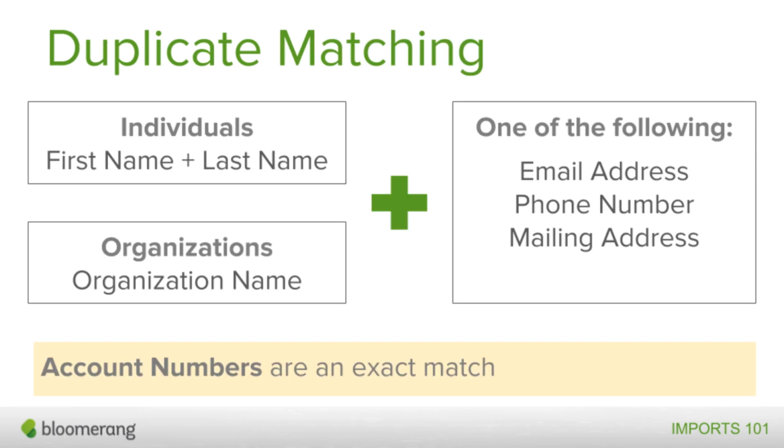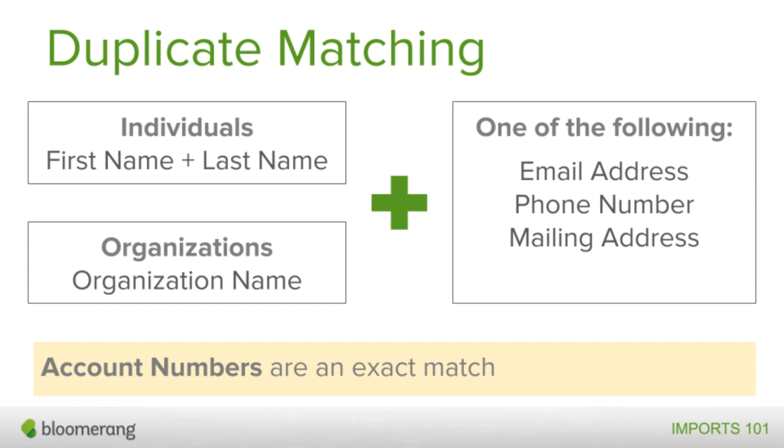Another thing I wanted to note in terms of imports is how we take a look at duplicate matching. I mentioned earlier that in today's imports, I'm going to show you how you can update constituents who are already in the database. Now, how do you avoid creating duplicate constituents in the database? For individuals, the system will automatically take a look at their first name and last name, plus one of the following: either email address, phone number, or their mailing address.